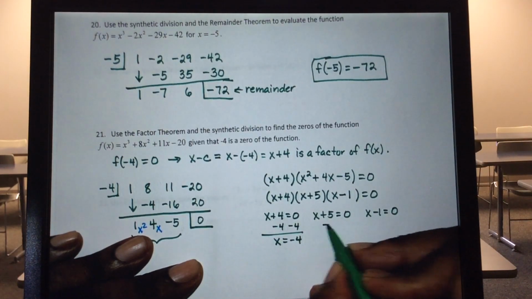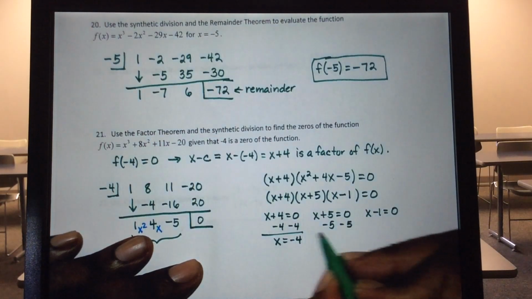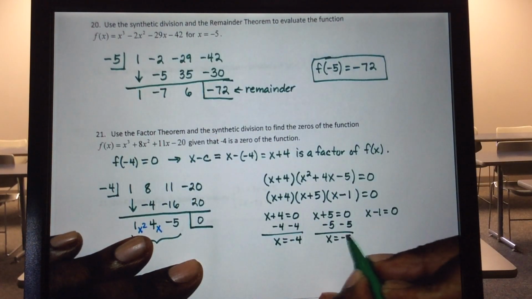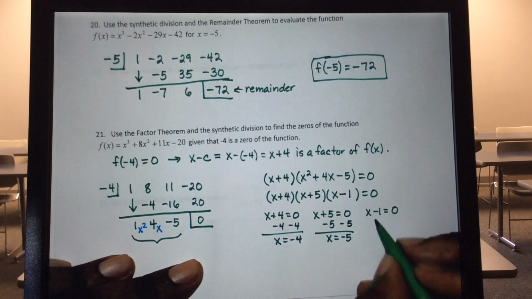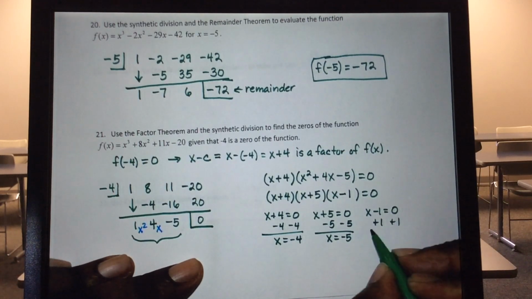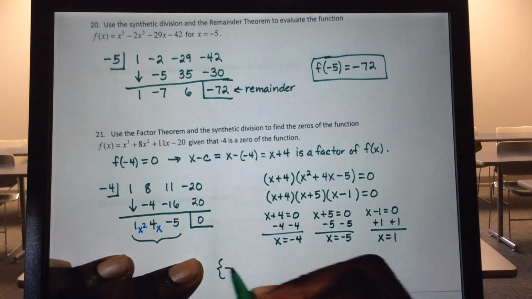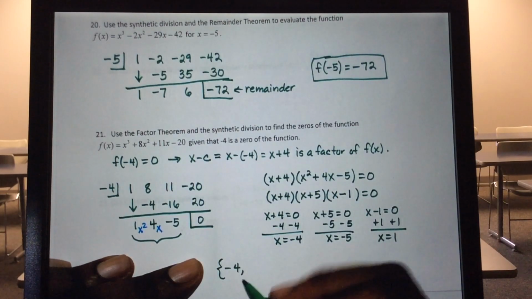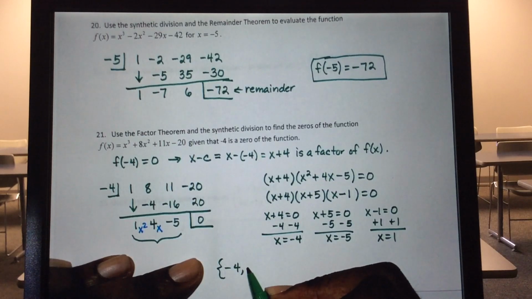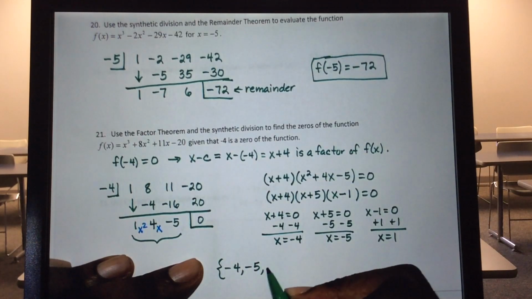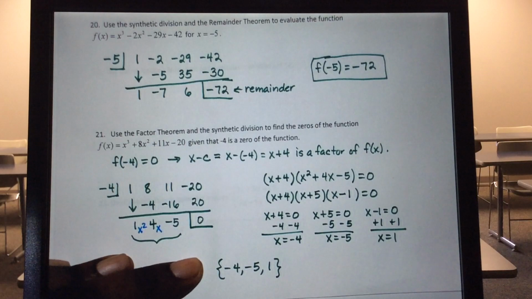For the x plus 5 equals 0, subtract 5, you get x equal negative 5. And then for the x minus 1 equal to 0, add 1, you're going to get x equal 1. So the zeros of that polynomial function will be negative 4, negative 5, and 1.